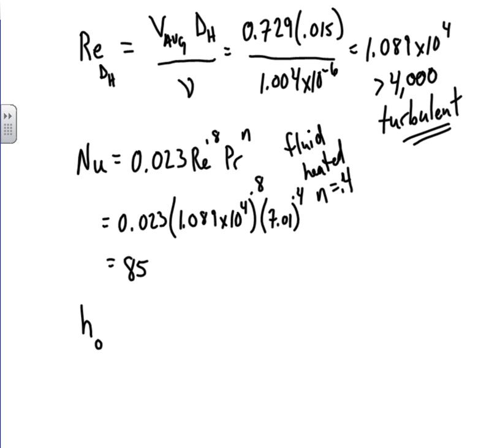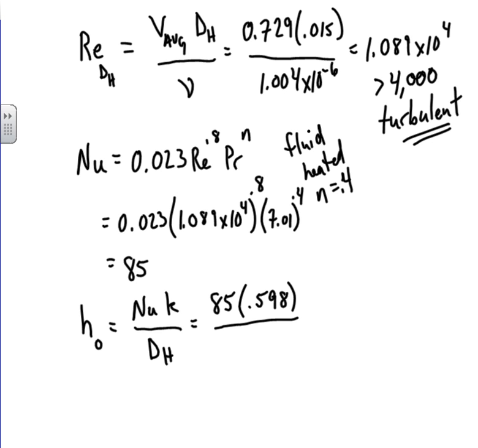in the outer annulus. So H0 is going to equal the Nusselt number times K divided by the hydraulic diameter. Of course, this is just a rearrangement of the definition of Nusselt number. So we plug in our values. We have the Nusselt number is 85. Our thermal conductivity is just a property we looked up in the back of the book, and that was 0.598.